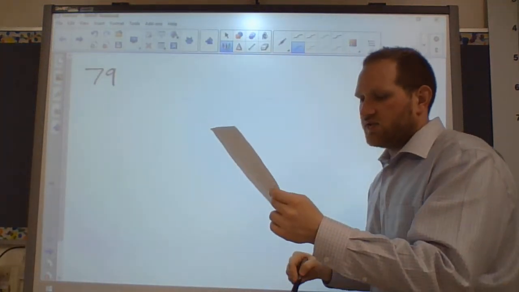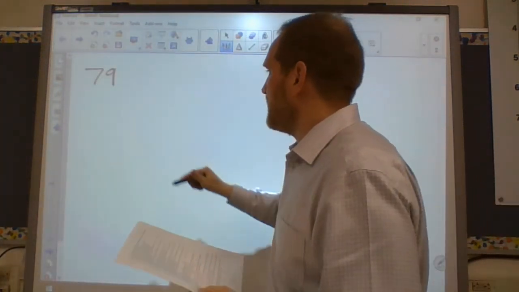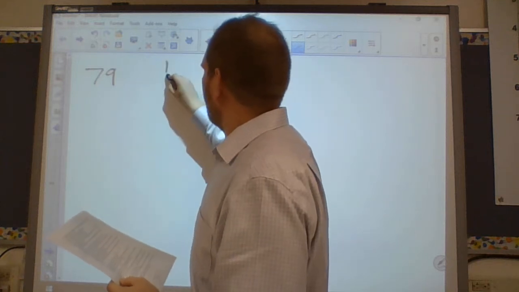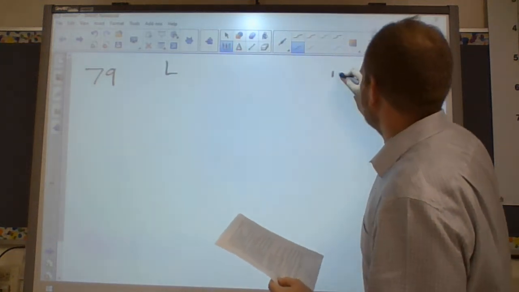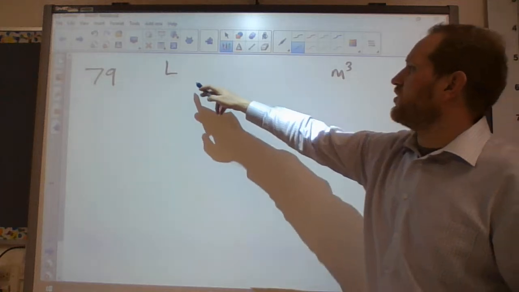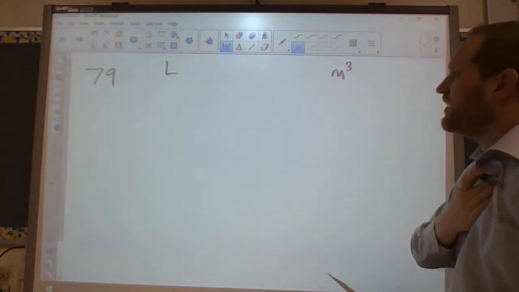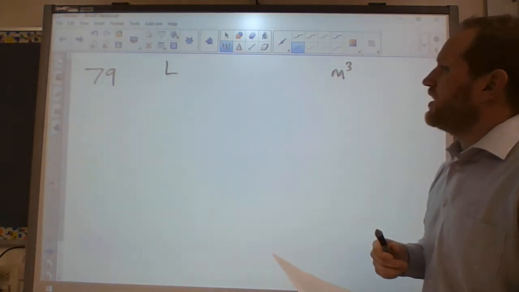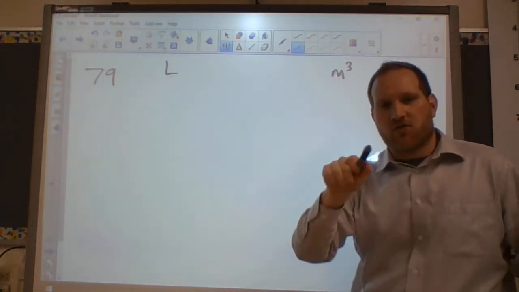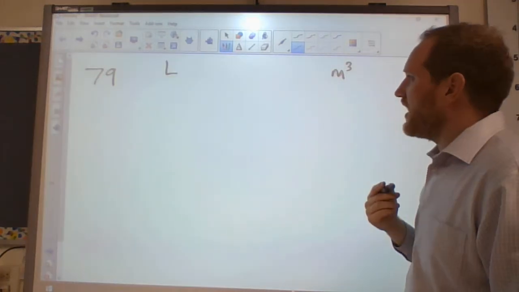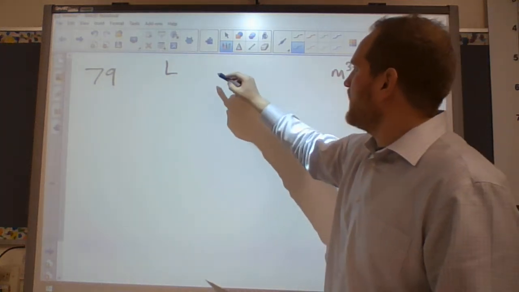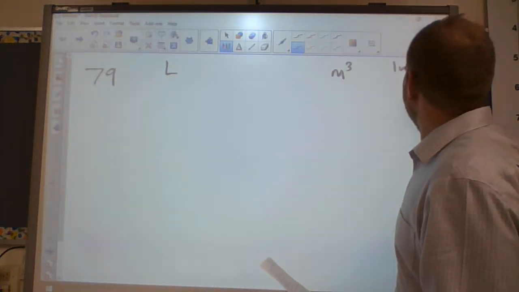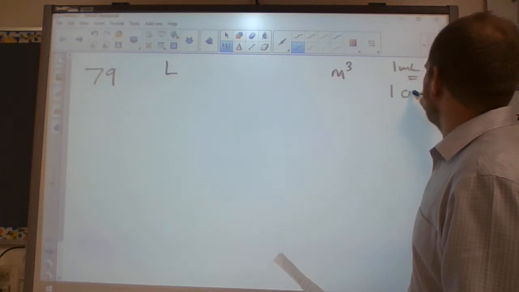Alright, this is 79. 79 says convert 63 liters into cubic meters. So we're going to go from liters, and we're eventually going to get to meters cubed. So we have a volume unit going to a volume unit, but notice this is like a liquid volume, and that's a cubic volume. What's that bridge that we use to cross over? You remember way back we learned that 1 milliliter equals 1 centimeter cubed.